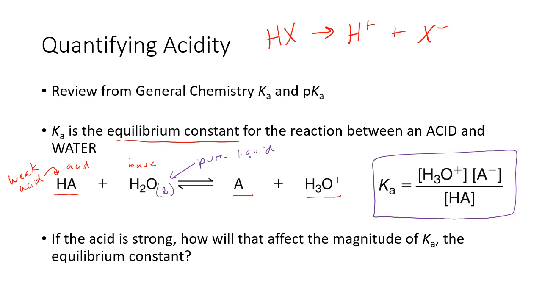So how will the magnitude of Ka essentially affect if it's going to be a weak acid or a strong acid? And what we learned is that as Ka increases, acid strength increases.